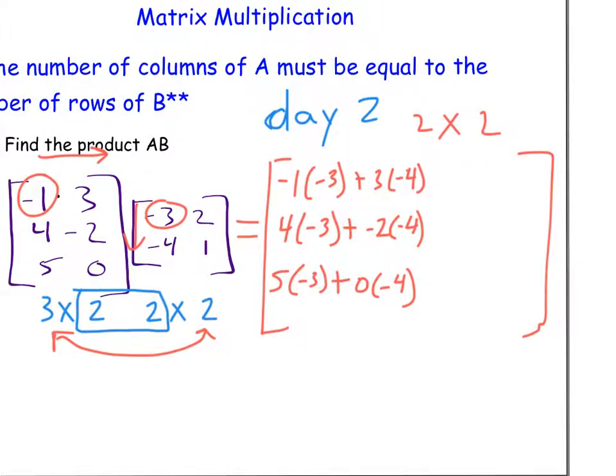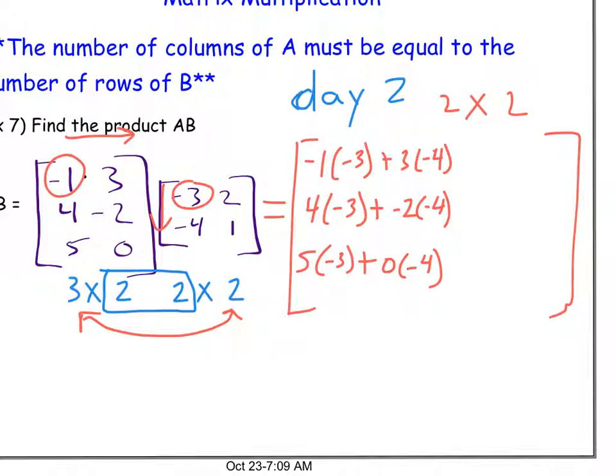Now it's time to build column number 2. I'm going to switch colors here to keep track of these. For that first matrix, I'm going back up to the first row, and I'm going to use -1 and 3, but now I'm switching over to the column that has a 2 and a 1. So it would look like -1 times 2 plus 3 times 1.